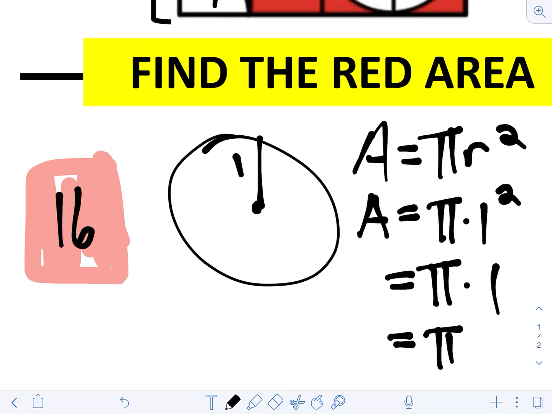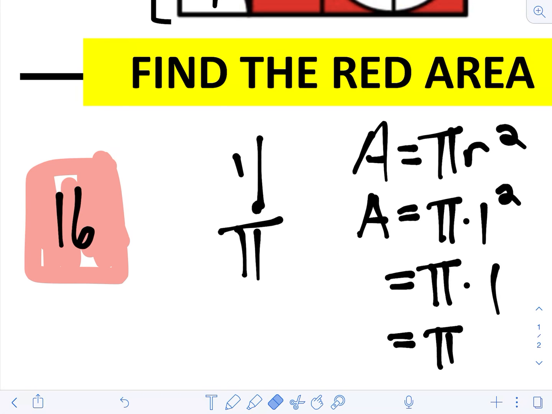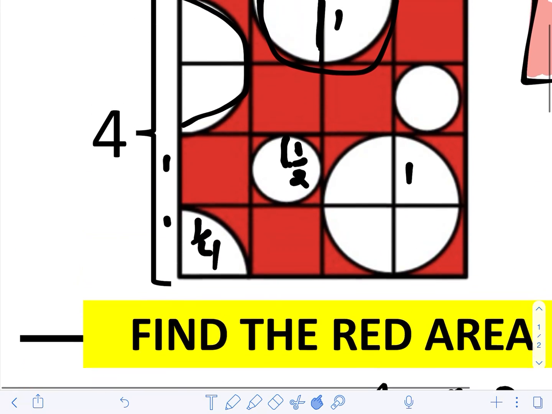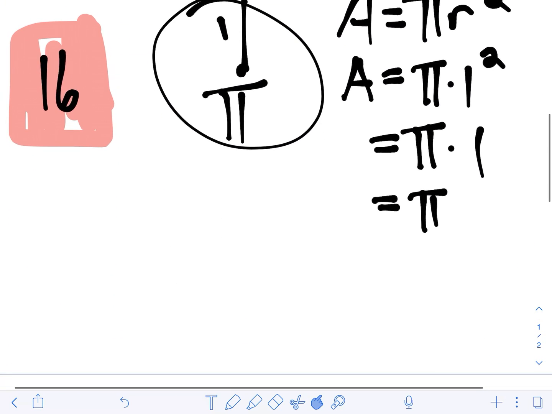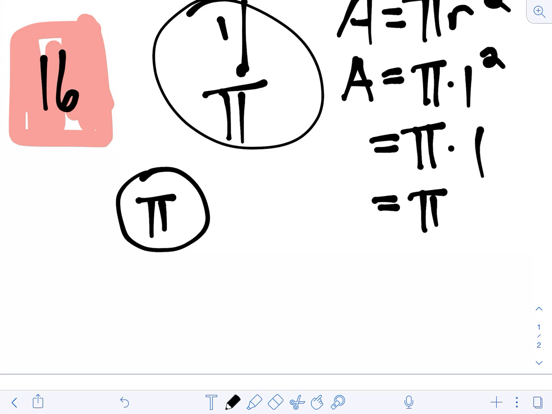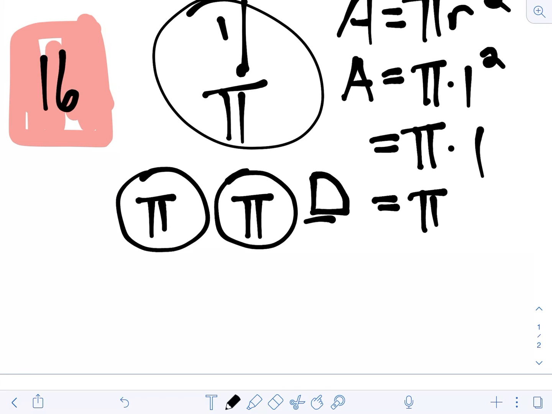So let's just keep it as pi for now, because it may come in handy. So we have one of those as pi, but really we have 2 of those circles. So we have 1, which is pi, another big circle, also pi, and then a quarter circle, which is pi over 4.